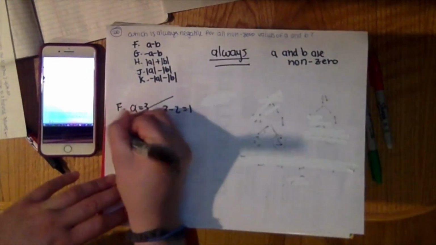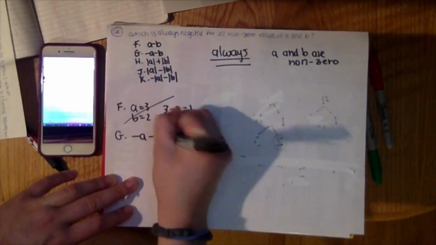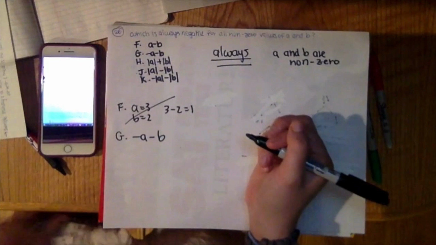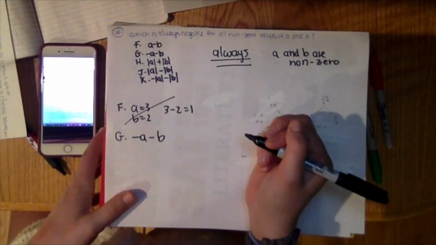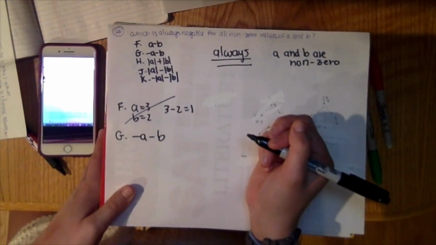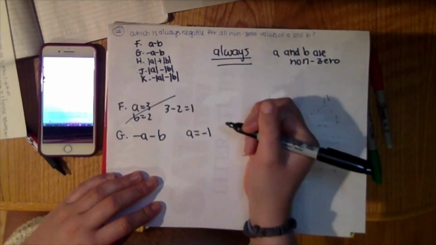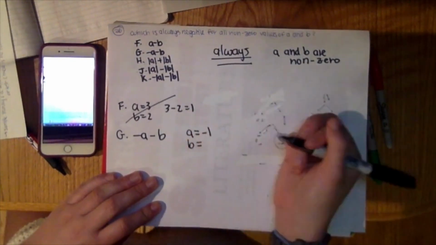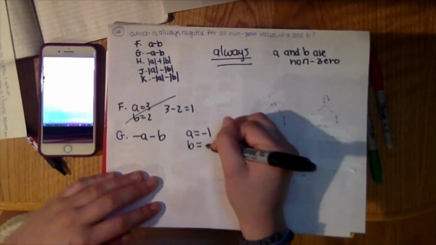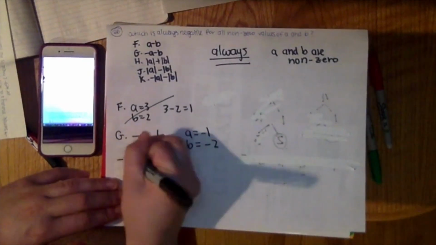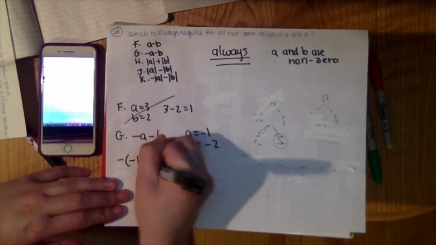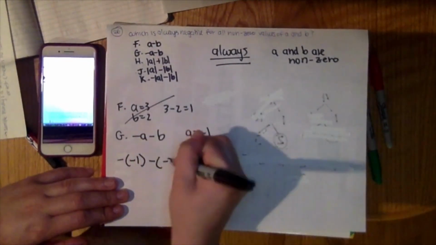Okay, G. Negative A minus B. Can we think of another example? Yes, if A equals negative 1 and B equals negative 2, you get negative 1 minus negative 2.